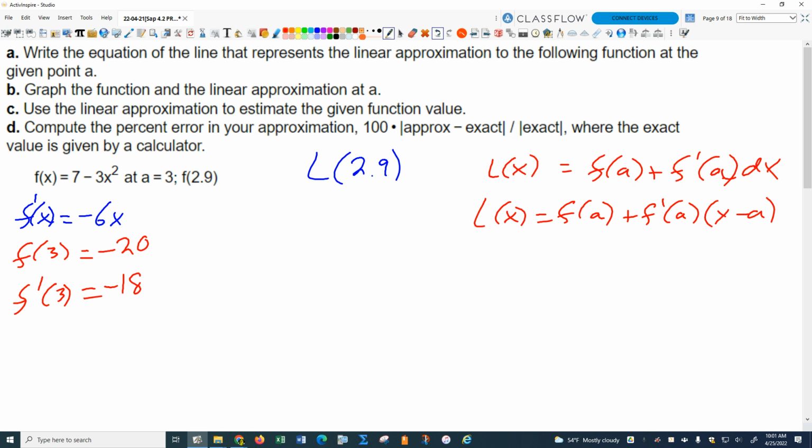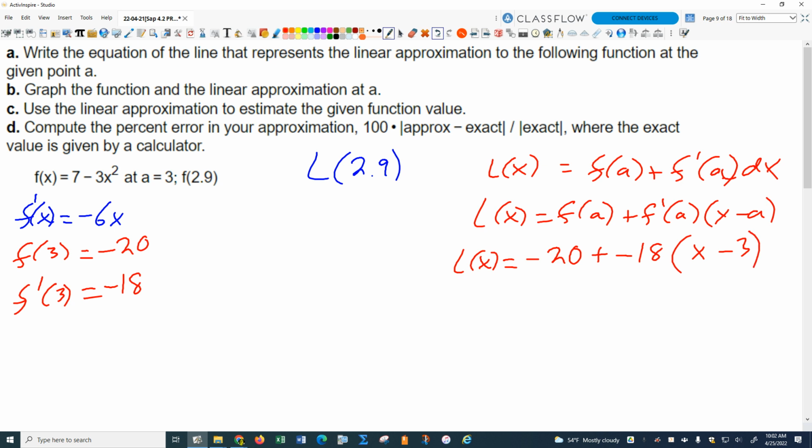So then L of x is equal to f of 3, so negative 20, plus negative 18 times x minus what? Minus 3.